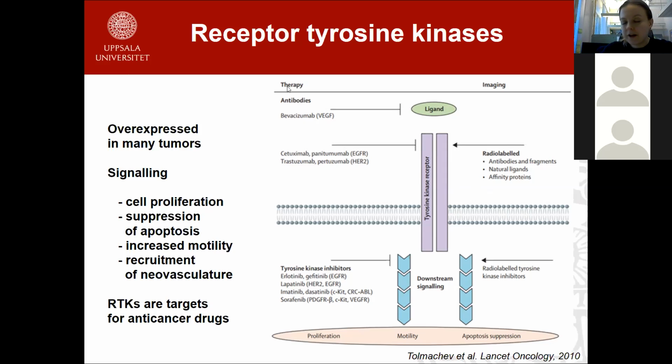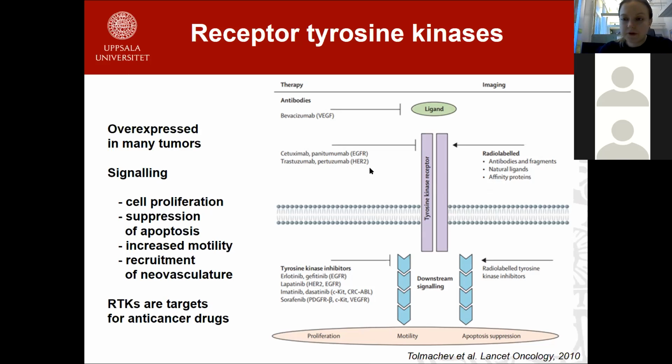And so for therapy of cancer, there are some monoclonal antibodies such as bevacizumab that targets VEGF receptor on some cancer cells, and there are also monoclonal antibodies such as cetuximab that targets EGFR, and trastuzumab that targets HER2.